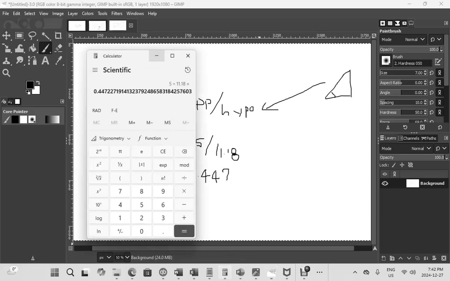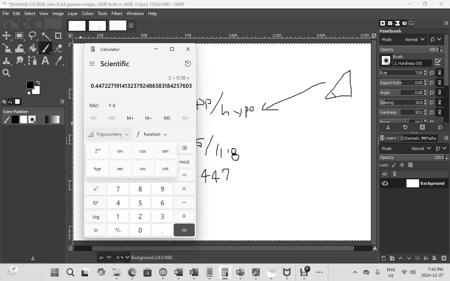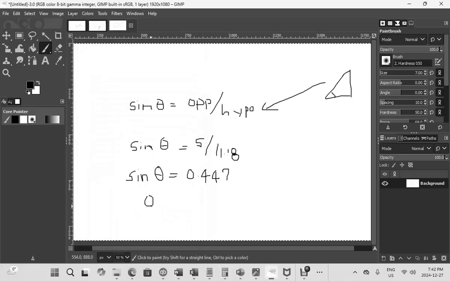Which means your theta, based on the trig functions, will be 0.4636, or 0.46.